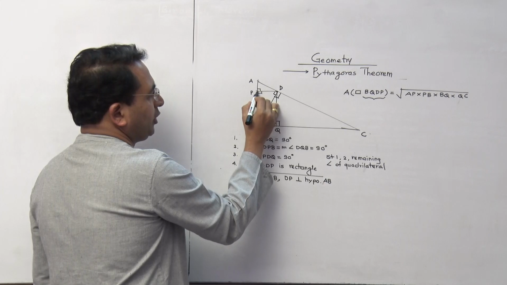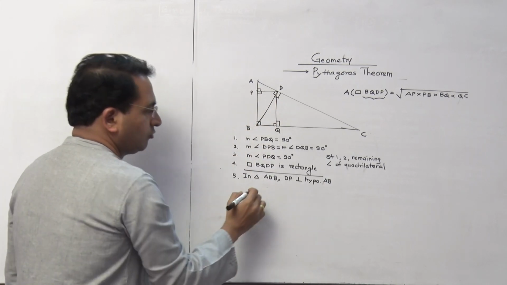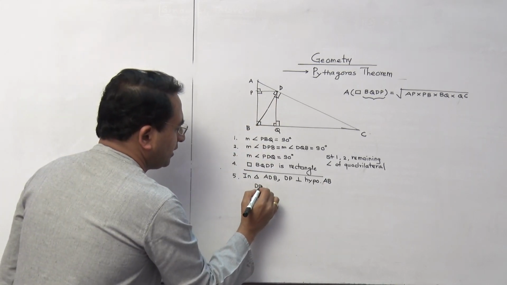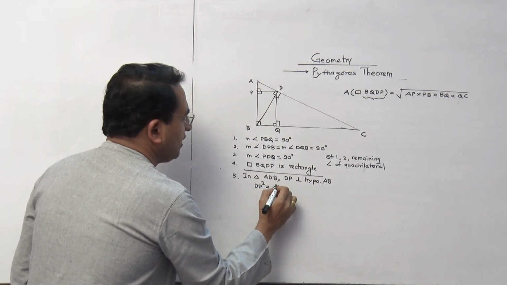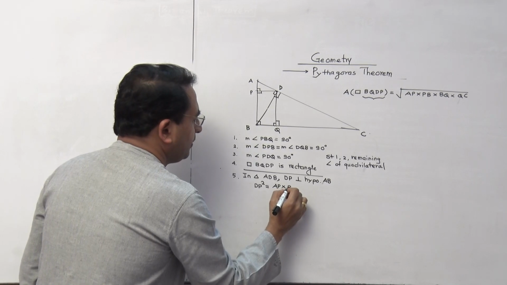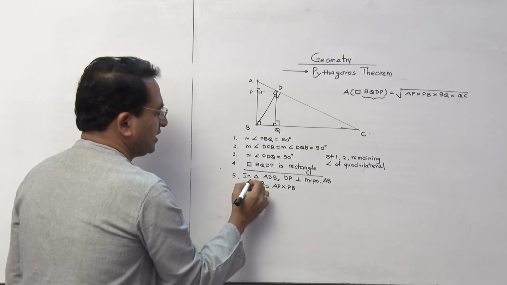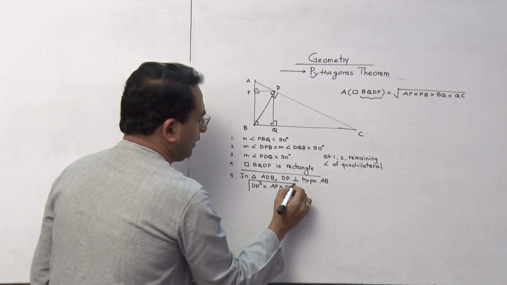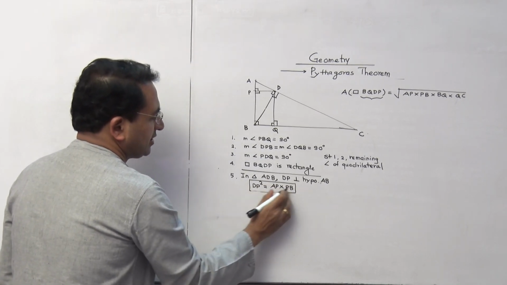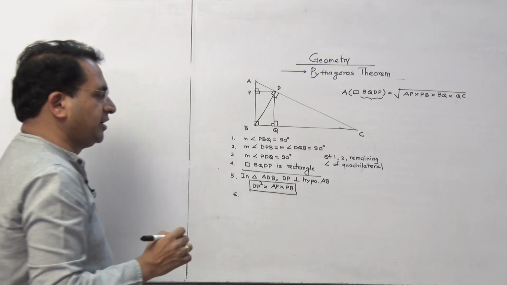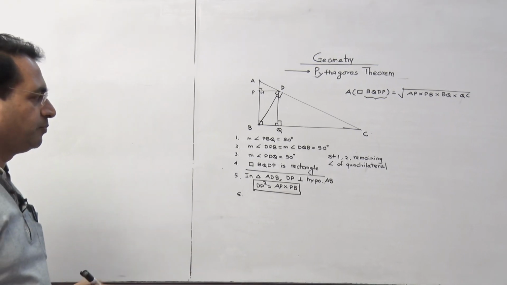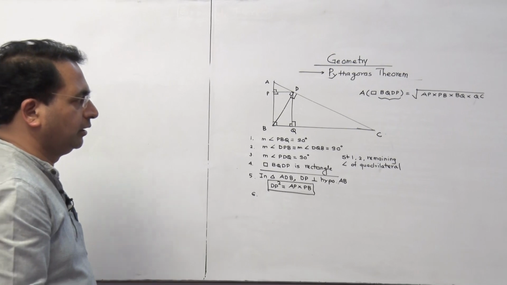DP is perpendicular to AB. So I can write DP square is equal to AP multiplied by PB. That is what we are going to highlight. Is this clear to you? And for this we have to write a reason, geometric mean property of a right angle triangle.